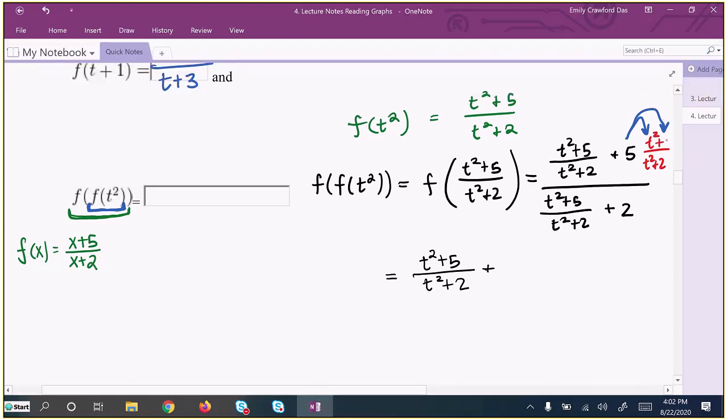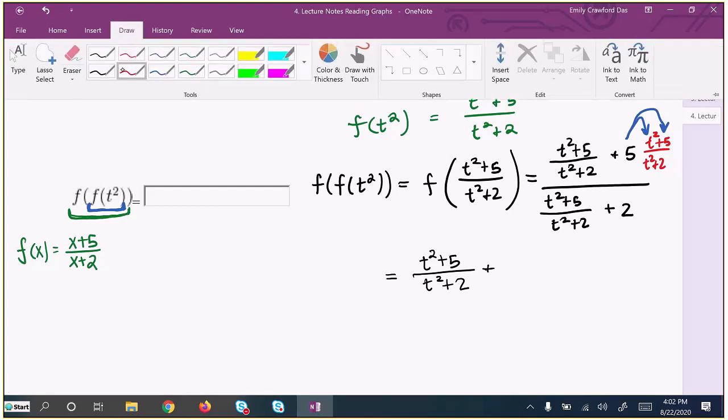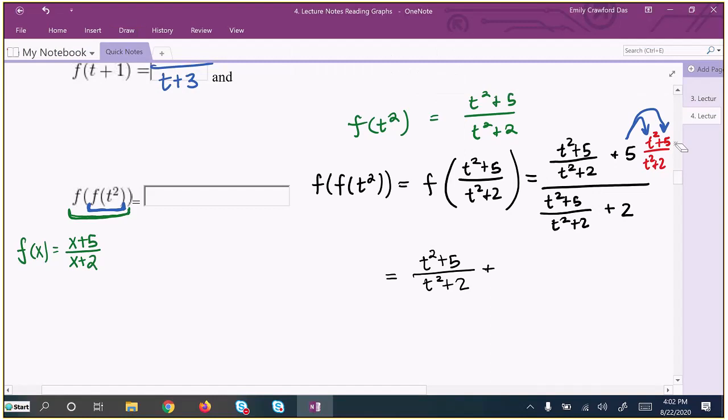Oh no, I'm sorry, that should be t squared plus 2 over t squared plus 2, because I'm just multiplying by 1 to get it over a common denominator.